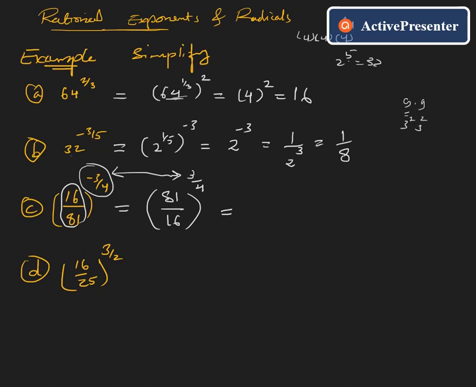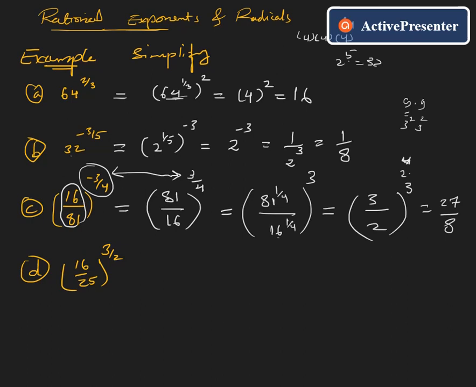So we can do something here: 81 to the power 1 over 4 over 16 to the power 1 over 4 would make things easy, all to the power 3. So this is equal to 3 over 2, all to the power 3, which is equal to 27 over 8.